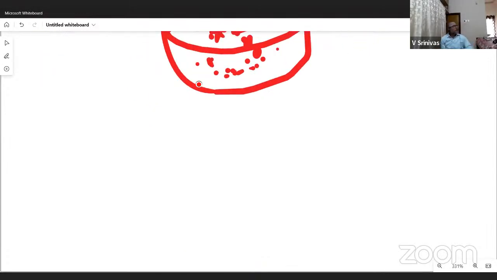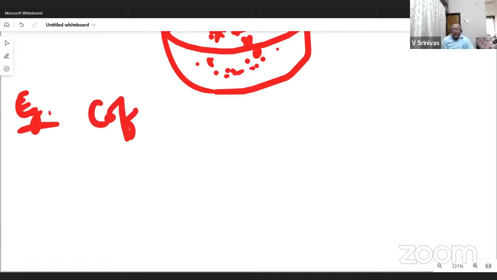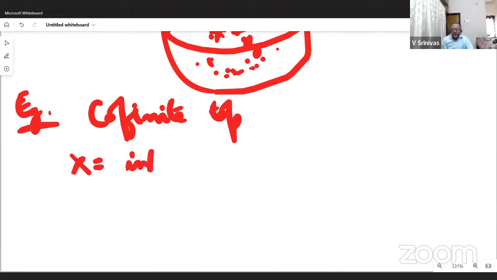And then you can come to an important topology called cofinite topology. Is there anybody who knows cofinite topology? Let X be an infinite set.